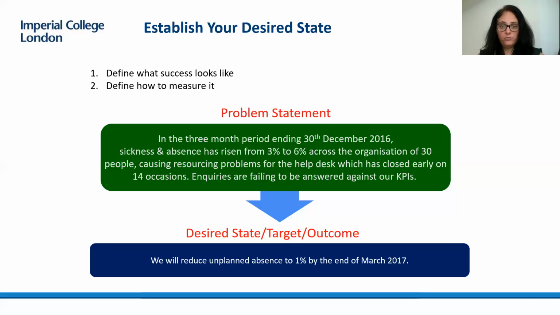Is it achievable? Given that in October 2016, it was at 3%. Now, this is where you start to challenge and question and ask yourself, is this possible? Is this a good desired end state? And only you will know that because you'll be working as a team of people together.